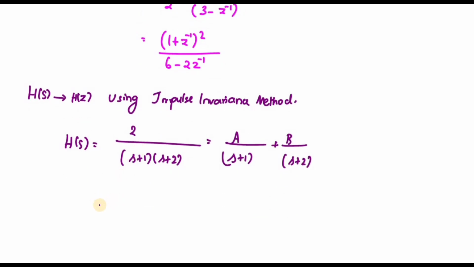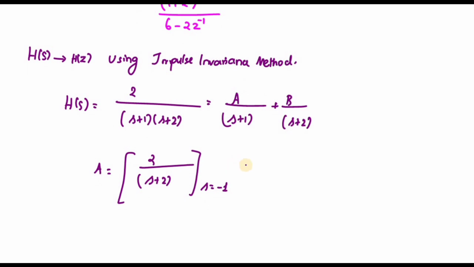So in order to find the value of A, in this equation you have to remove this (s plus 1) term and substitute s equal to minus 1, since if I equate the denominator to 0, I will get s equal to minus 1. So the answer is 2, right?